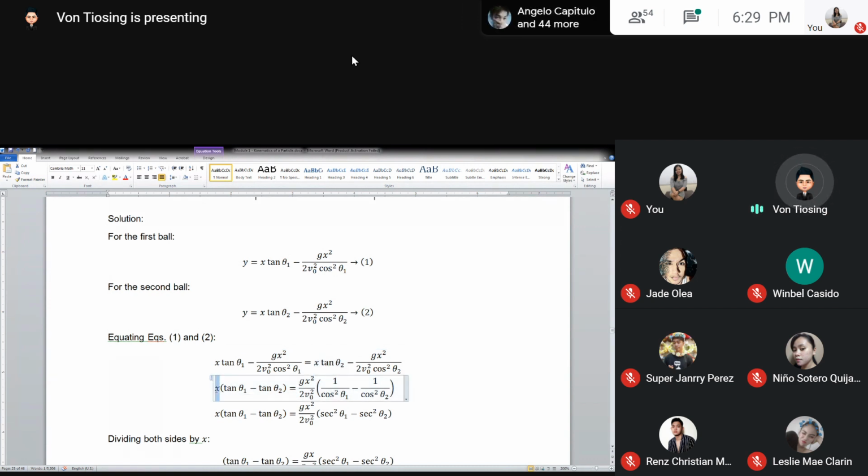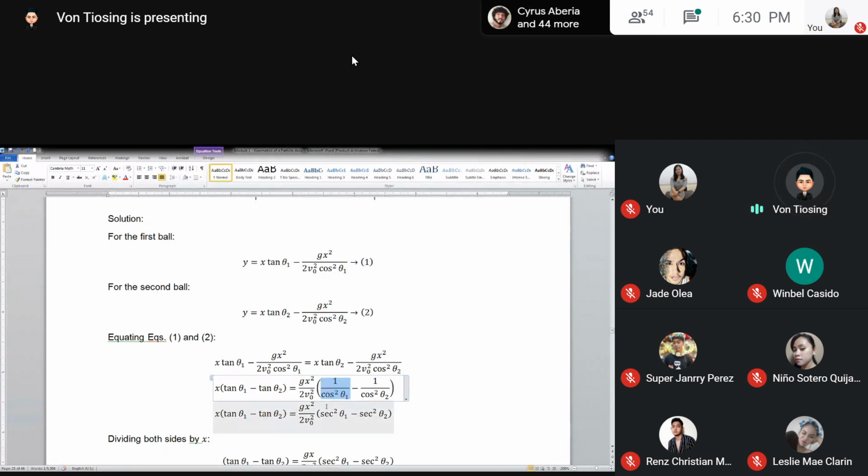So I just factored out x para mabilis. Then ito, lipat mo sa kabila, magiging positive. Okay, and then common sa kanilang dalawa yung g x squared over 2 v naught squared. So I will factor it out. Tira sa loob ay 1 over cosine squared theta 1 minus 1 over cosine squared of theta 2. So the reciprocal of cosine is secant.